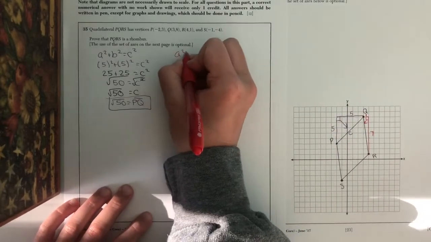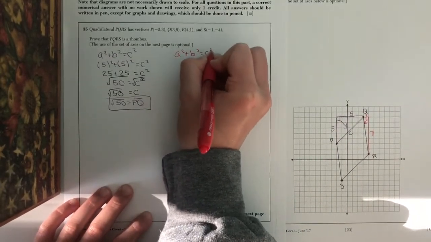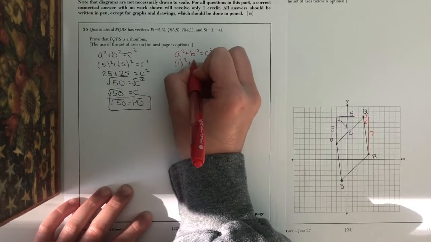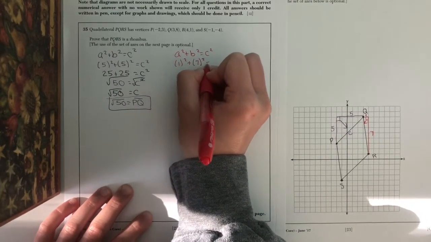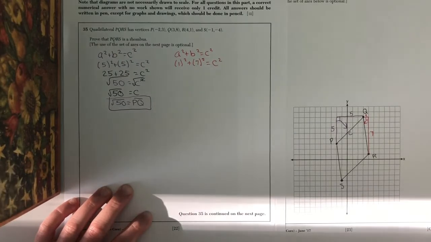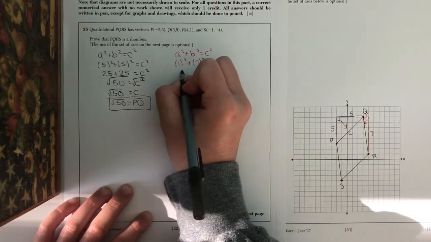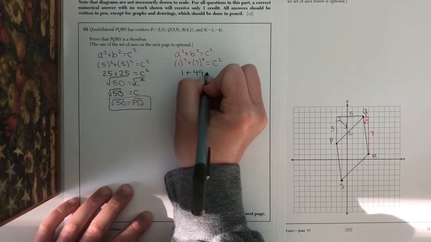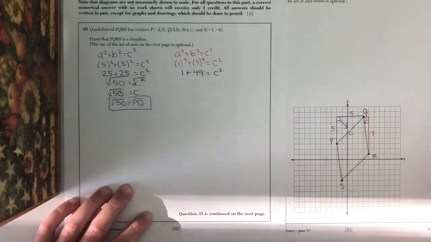Again, I'm going to use A squared plus B squared is equal to C squared, and plug in my numbers for my legs. It doesn't matter which order. When we simplify, 1 squared is just 1, plus 7 squared is 49, is equal to C squared.